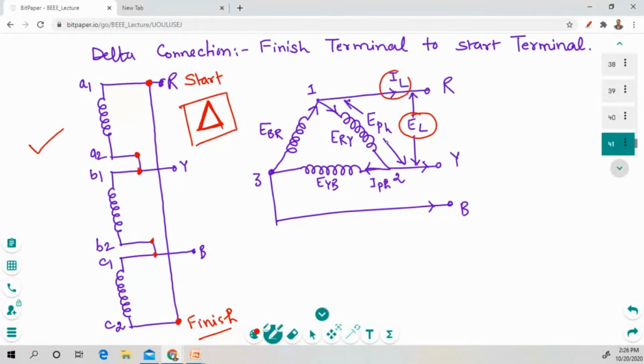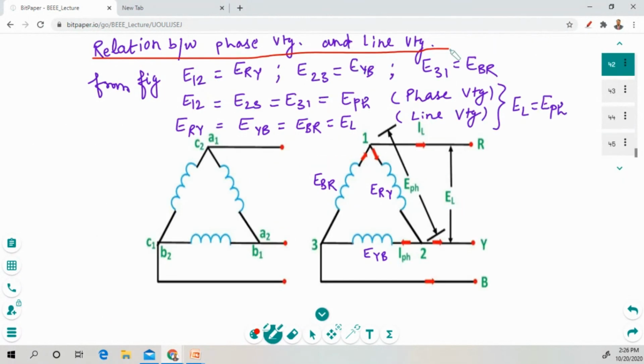This is IL, a line current, and EL is a line voltage. This one is also a line voltage. This is called line current. This is also called line current. So you understand how we have represented all the notation in this figure.